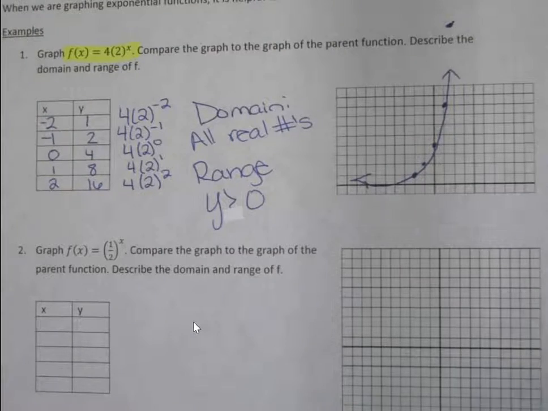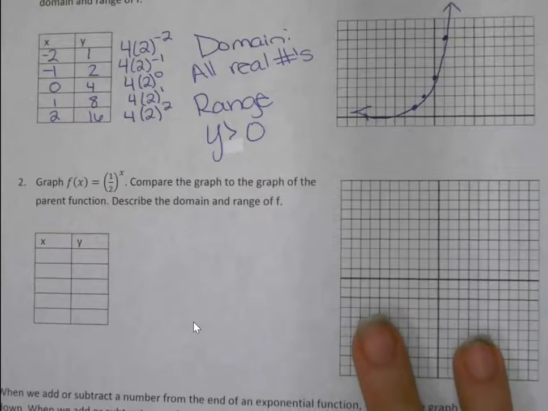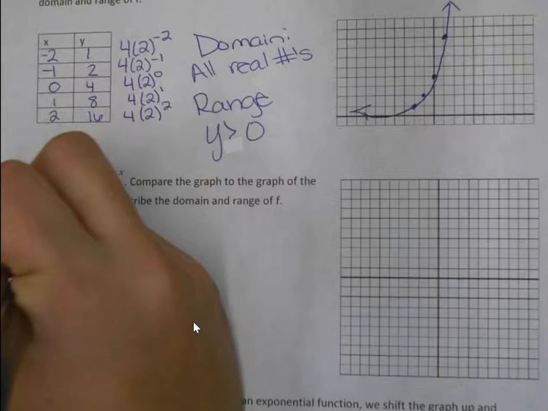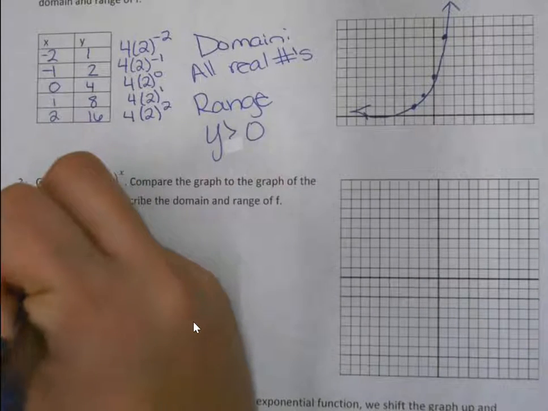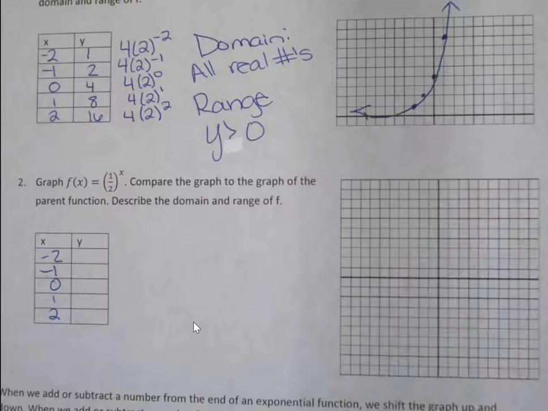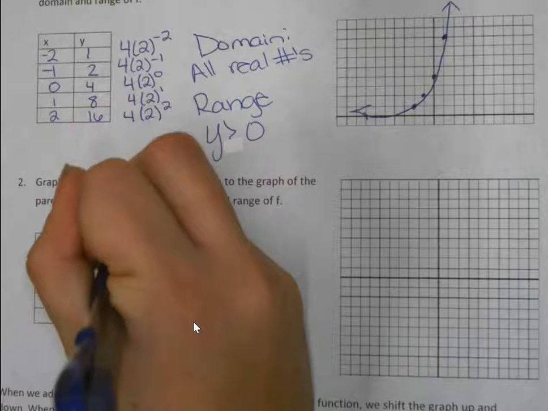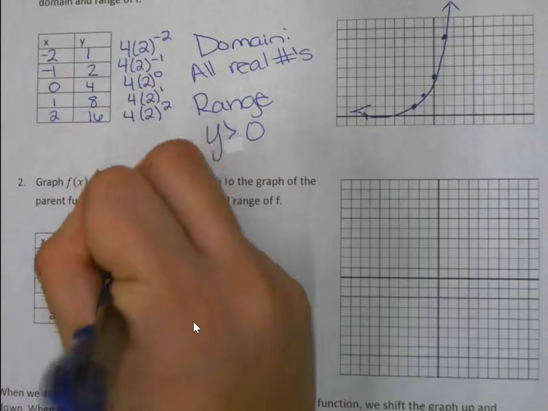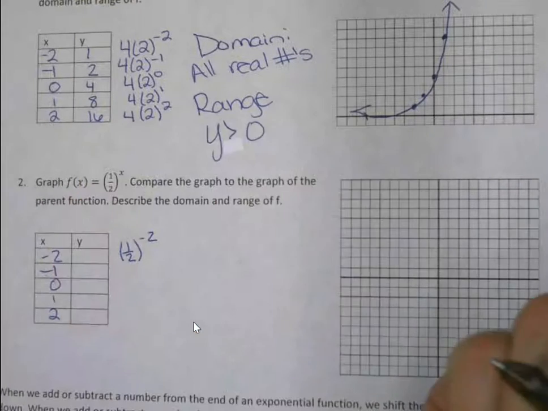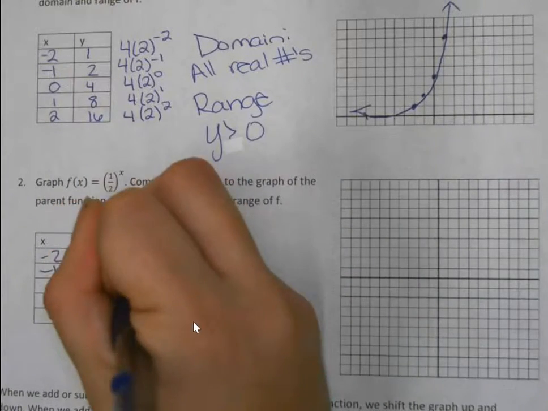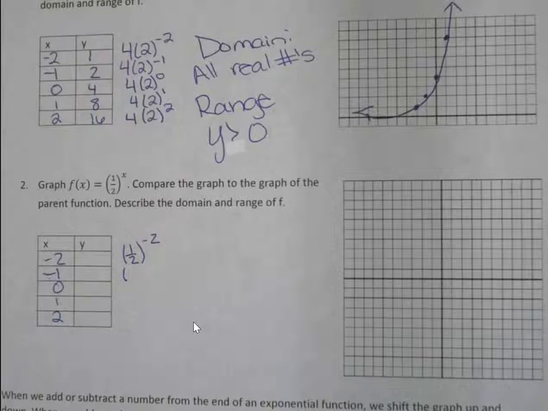Okay. So I'm going to do the same thing for number 2. I'm going to use -2, -1, 0, 1, and 2. But now I'm plugging into 1/2 with my exponent. Yes, you do, because otherwise the calculator only makes one of the numbers the exponent.